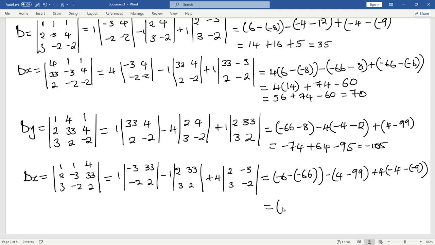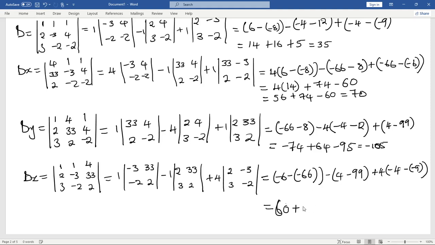Now here, we have a negative 6 here, minus negative 66. So that's basically negative 6 plus 66. We're going to get 60 here. Then 60, negative 4 minus 99, we're going to get negative 95. Negative 95 by a negative here, we get plus 95 here.